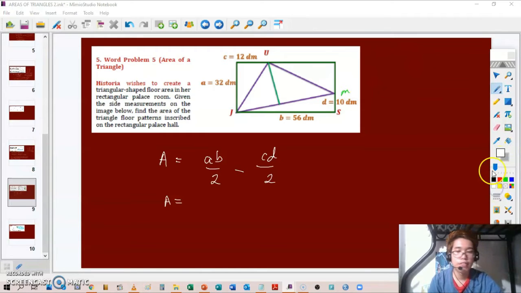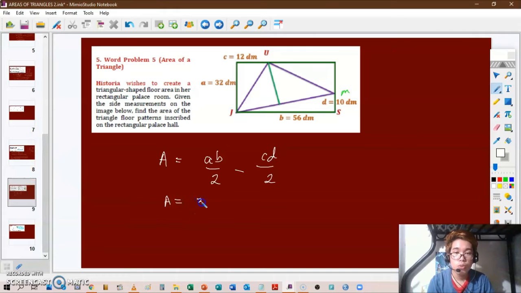So we have here the side measurement of A, which is 32, the side measurement of B, which is 56, all over 2, minus the side measurement of C, which is 12, and the side measurement of D, which is 10, all over 2. Okay, so now we can solve.